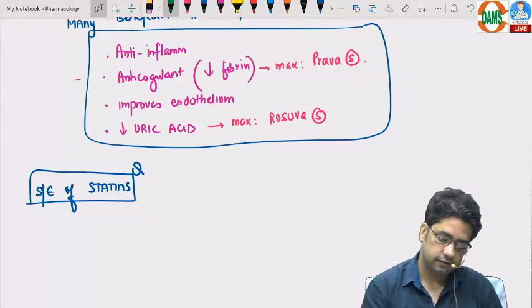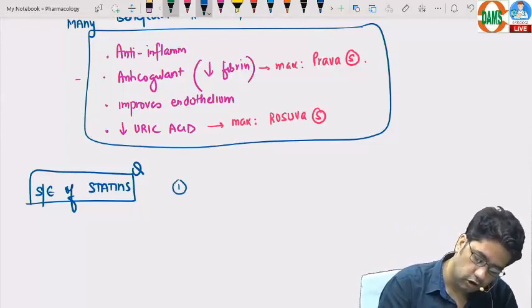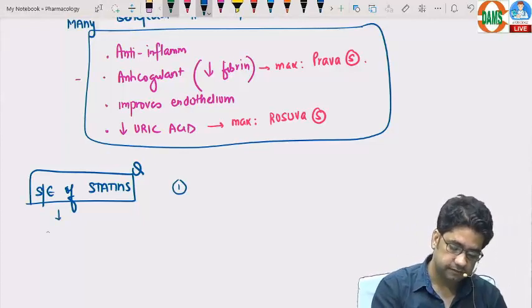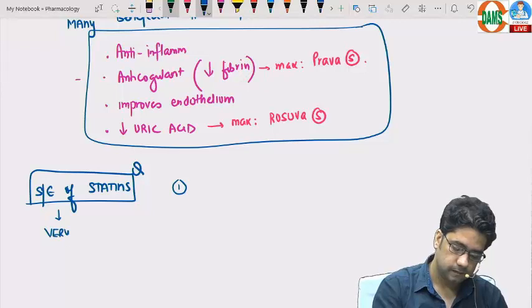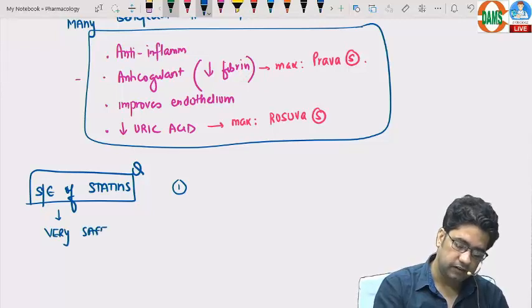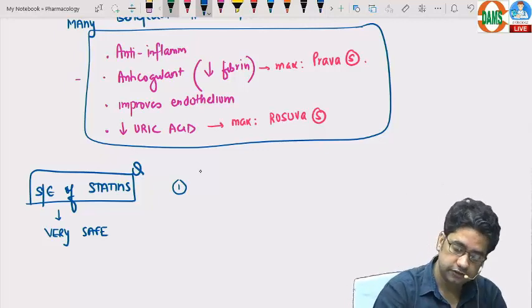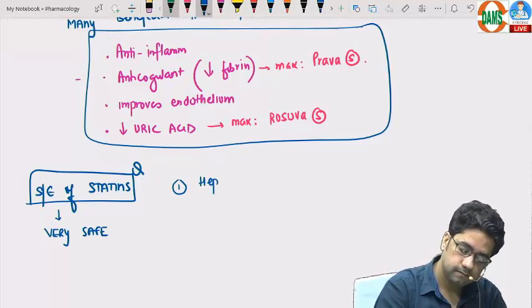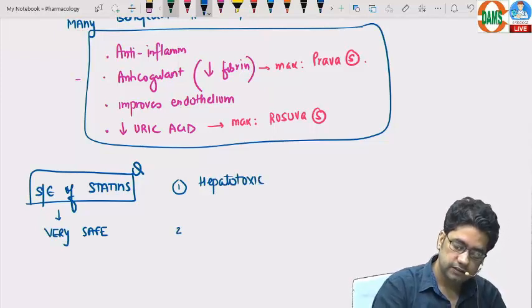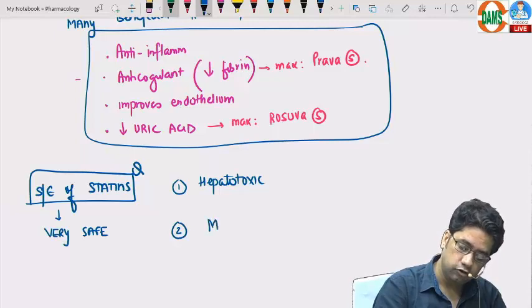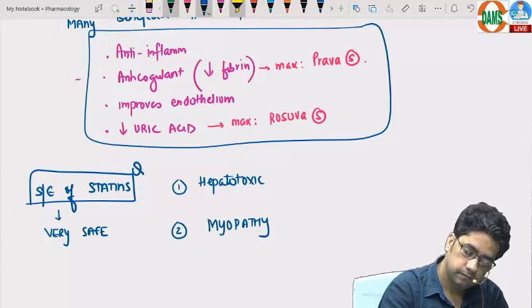Now side effect. First, although they are very safe drug, but we will write two rare side effects of statin. They are very important. First, hepatotoxic. Okay. Second one, myopathy.